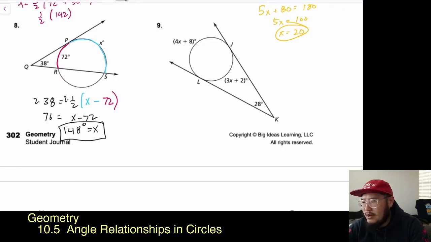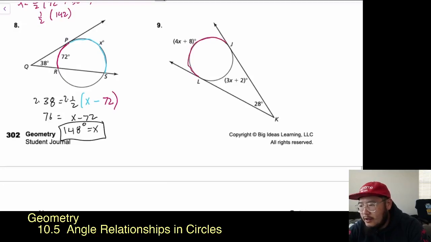We have one last problem right here. Same thing: we've got an angle, the outer arc, and the inner arc. Now there's some algebra in this one. That's what makes this one a little more challenging. So let's set this up.